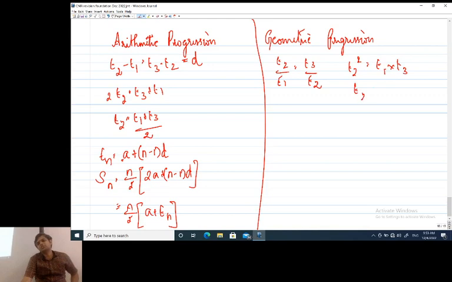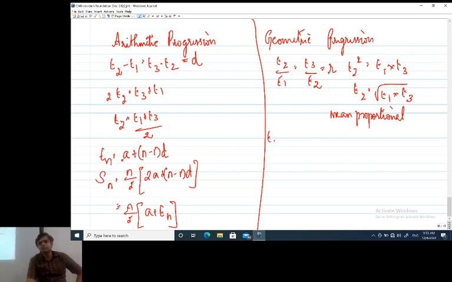In other terms, T2 equals square root of T1 into T3. This is also called the mean proportional. Right? This is called our common ratio.